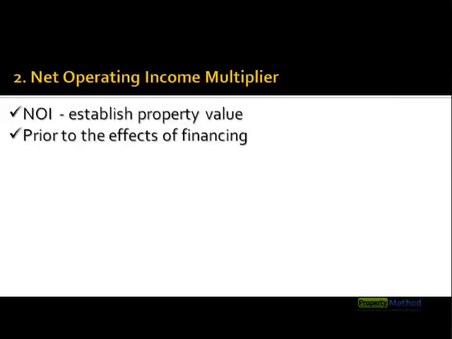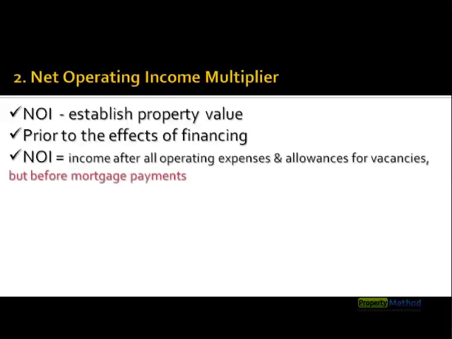The only difference is that banks are more particular about the actual net income a property can generate. Instead of just taking rental income into consideration, they also include other operating expenses and allowances in their calculation. Therefore, the net operating income is the income produced by a property after all operating expenses and allowances for vacancies have been deducted, but before the mortgage payments or monthly installment.